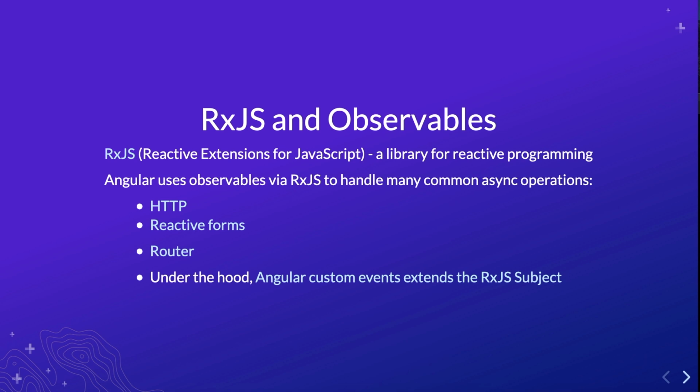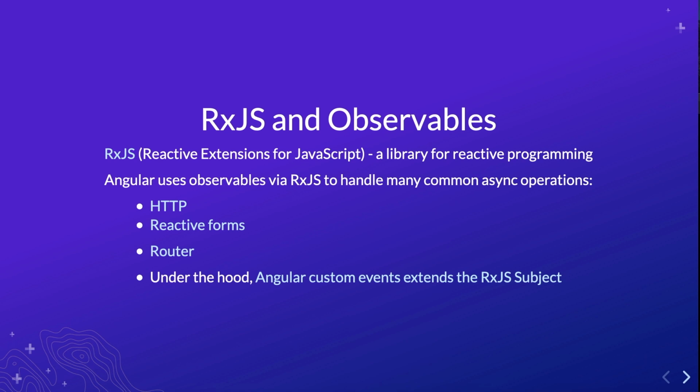So the event emitters that we were just looking at in our last demo, that's actually an extension of the RxJS subject. If you want to learn more about observables and their usage within the Angular framework, you can check out the Angular docs linked here. They have a lot of really great information about how and why they're using that paradigm.